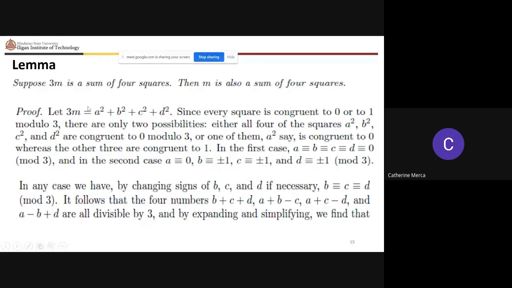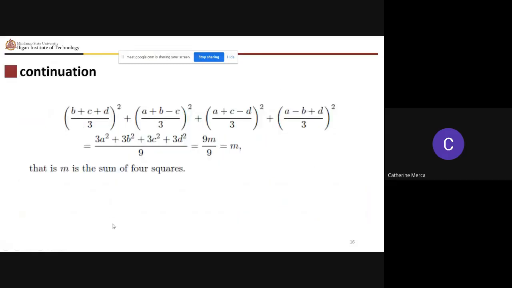We can take specific values for 3m. Since every square is congruent to 0 or 1 modulo 3, there are only two possibilities. I will leave this to you to go through. This is just algebraic solution as well as properties of modulo, para ma-review din yung modulo properties. So you end up with the following: 9m over 9 is equal to m.